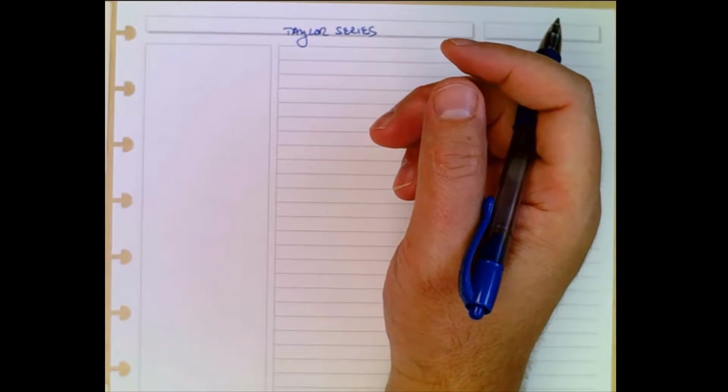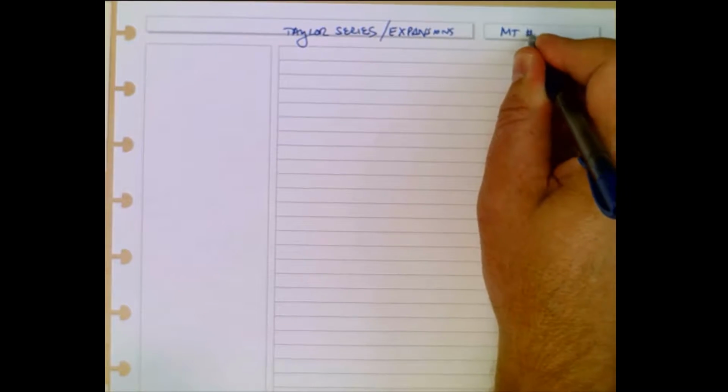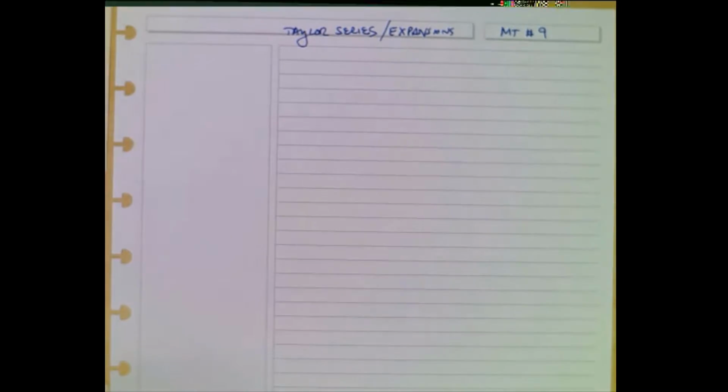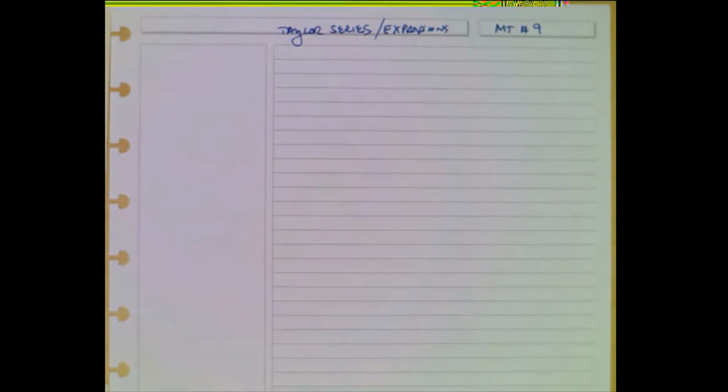Taylor series are very important, or let's say expansion. You will find yourself using this throughout your years, as in physics, in mathematics. It's really, really handy.